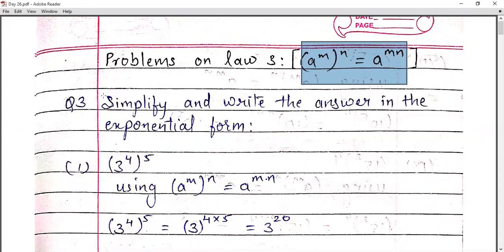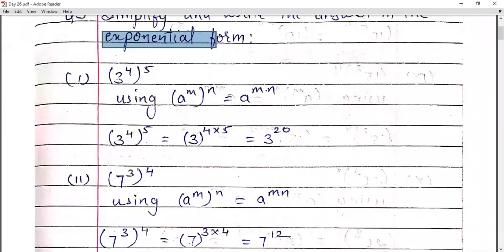So question number 3 is: simplify and write the answers in exponential form. Part 1 is (3^4)^5. The powers will get multiplied, 4 into 5, 4 5s are 20. So it will be replaced by 3 raised to 20.